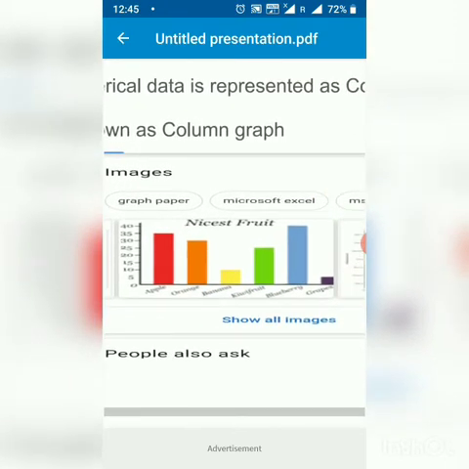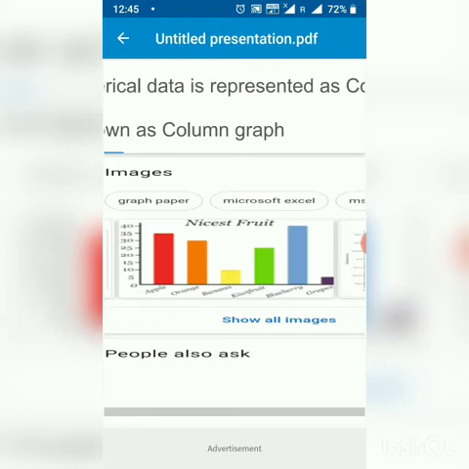See here, different types of fruit names are given, and here the number of people. So here it is the favorite fruit. Apple, it is colored red and it is liked by 35 students.